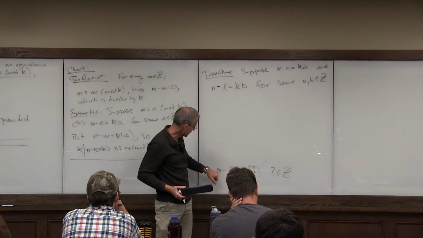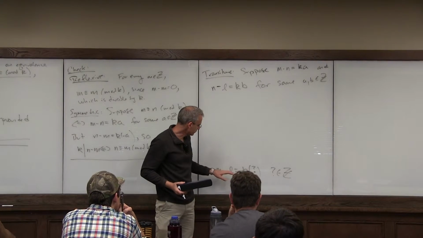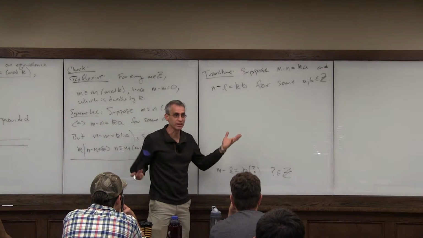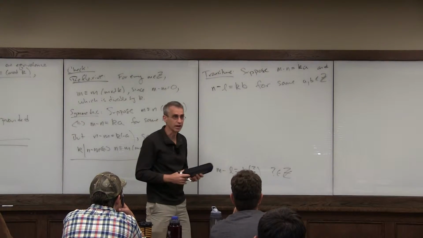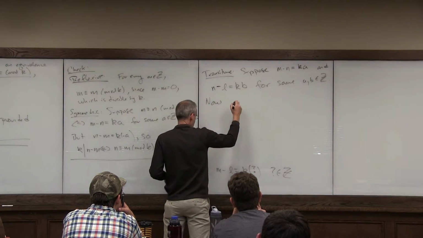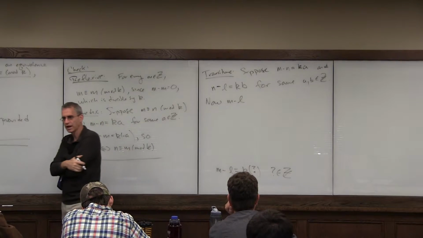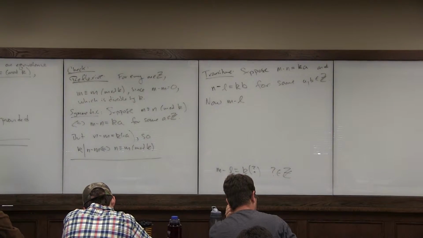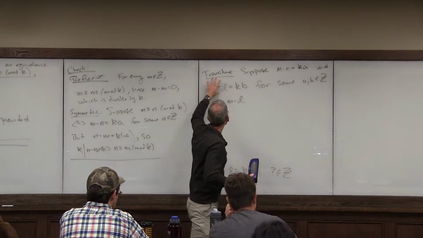I need to have that m minus L is divisible by k, which means that m minus L is equal to k times some integer. And I don't know what it is yet, but I have to find it in here. Okay? So, I have m minus L. I need to use the information that I have up here.